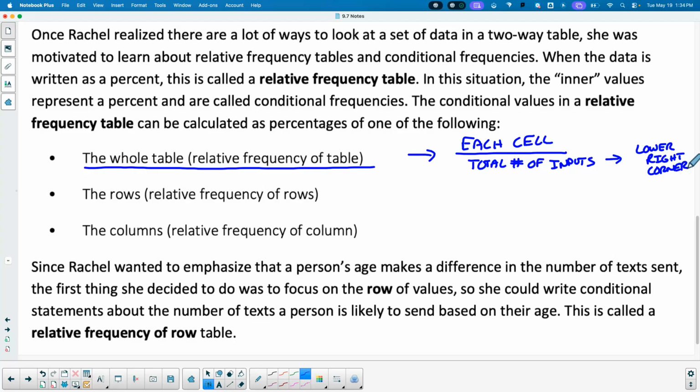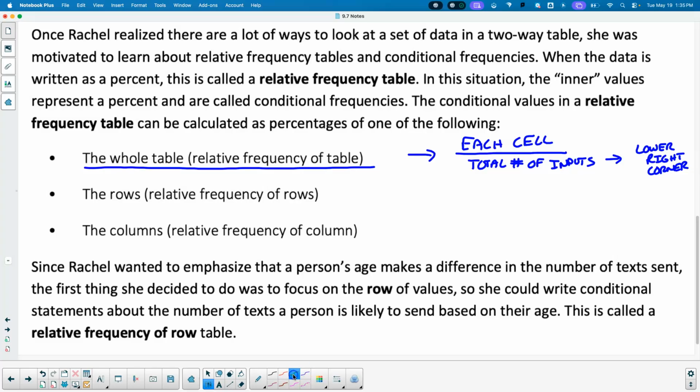Remember on that lower right corner was the total number, like we had the total number of students and the total number of people that they surveyed and the total number of, what was the other one? Boys and girls, because it was soccer. Okay, that total, that lower right-hand corner, that's going to be a frequency table of the whole. Okay?